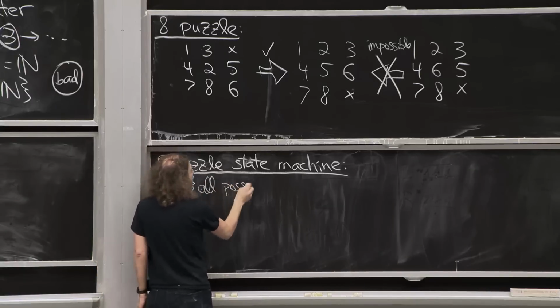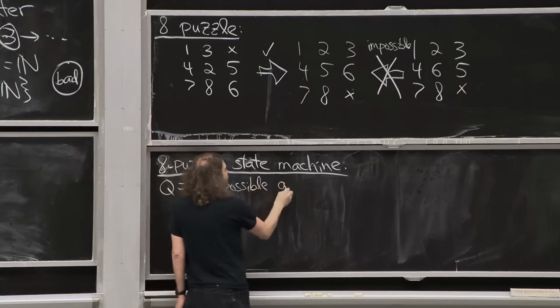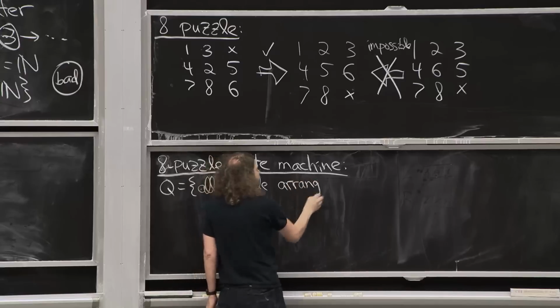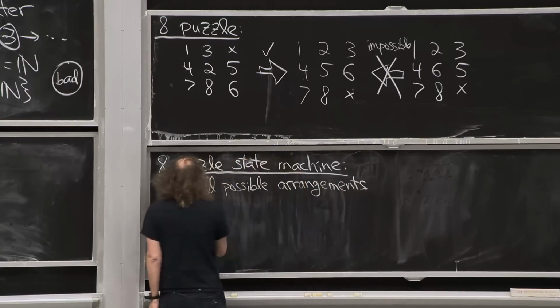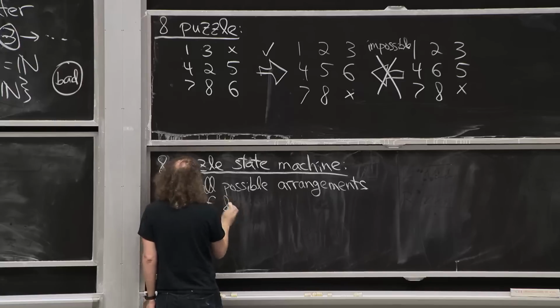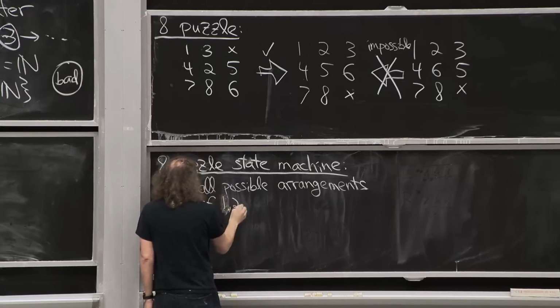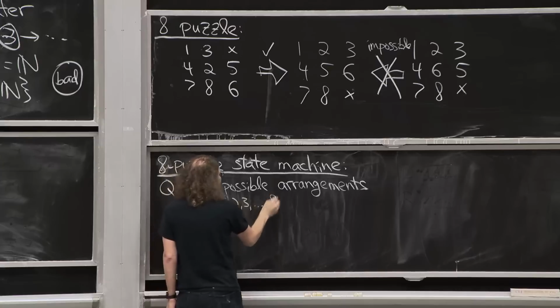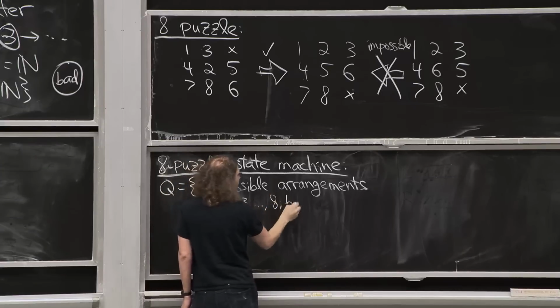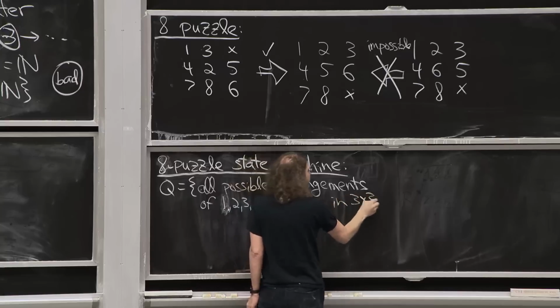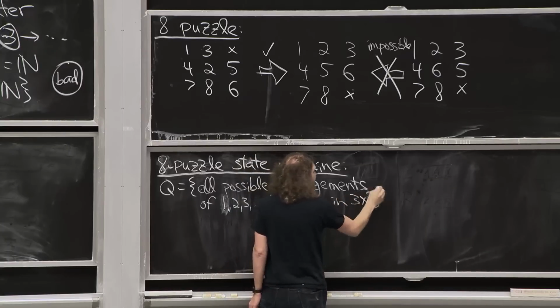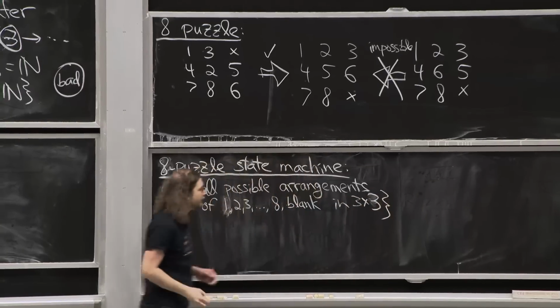All possible arrangements of 1, 2, 3, up to 8, and the blank in a 3x3. In later parts of the class, we'll be able to count how many of these things there are.